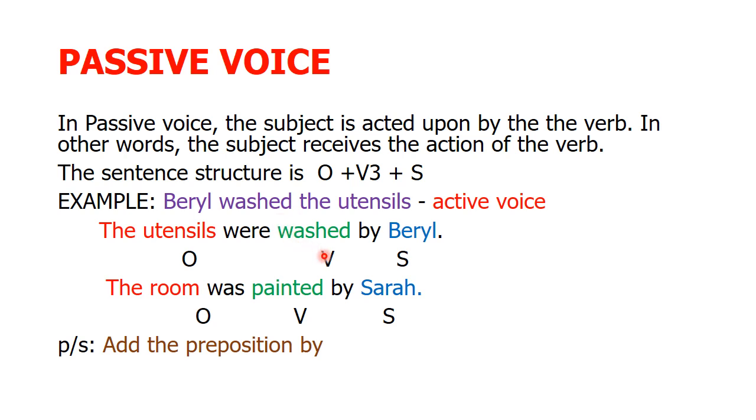After doing that, we are going to add a helping verb. Our helping verb that we've added is were. Ensure that the helping verb is according to the tense of the sentence. Now, our sentence will be, the utensils were washed by Beryl.